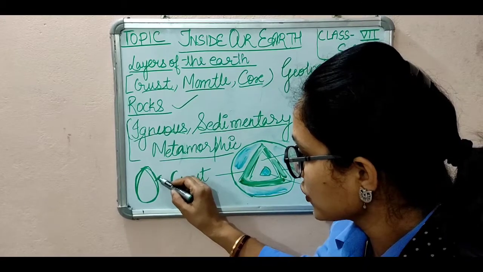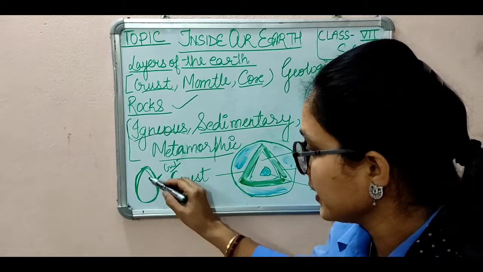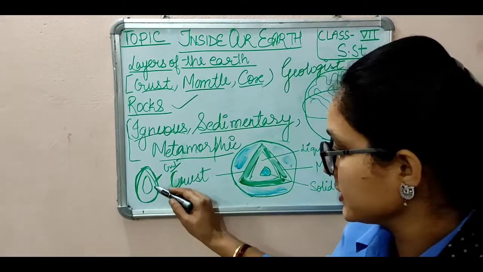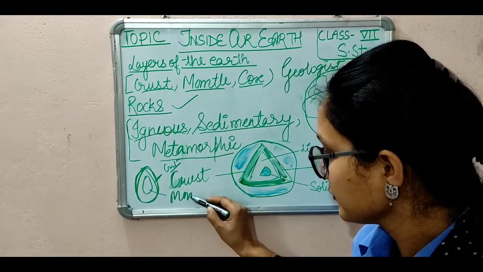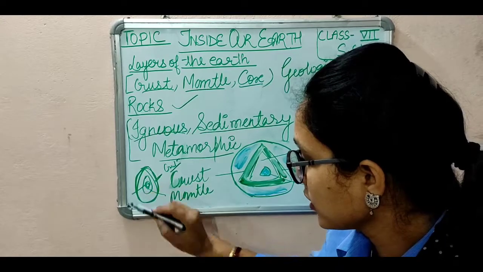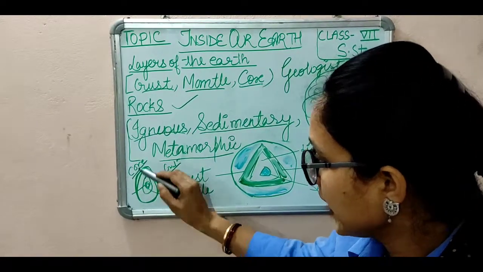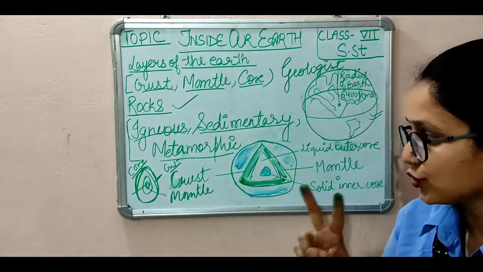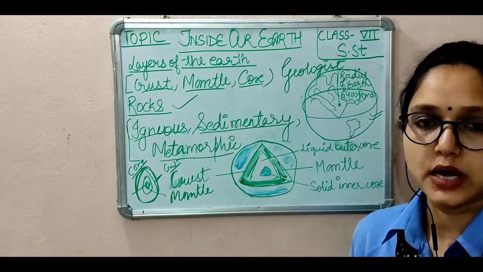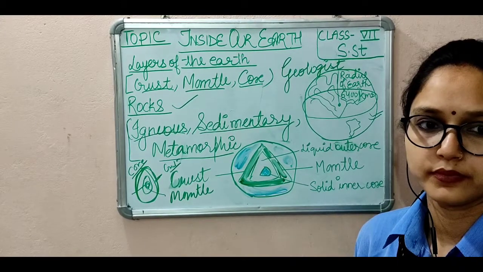The outermost layer is crust because it is very thin. Then the inner white part is the mantle, and the yellow portion is called the core, which is divided into two cores: the liquid outer core and the solid inner core.